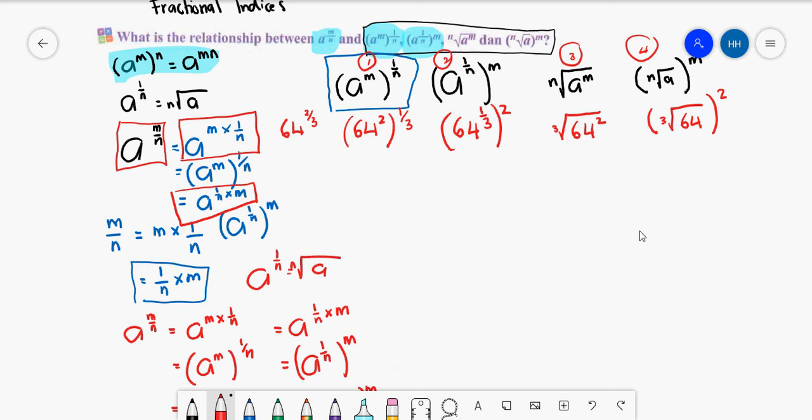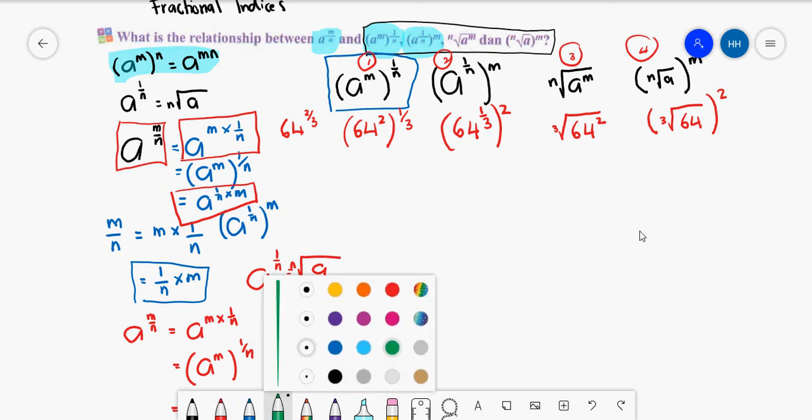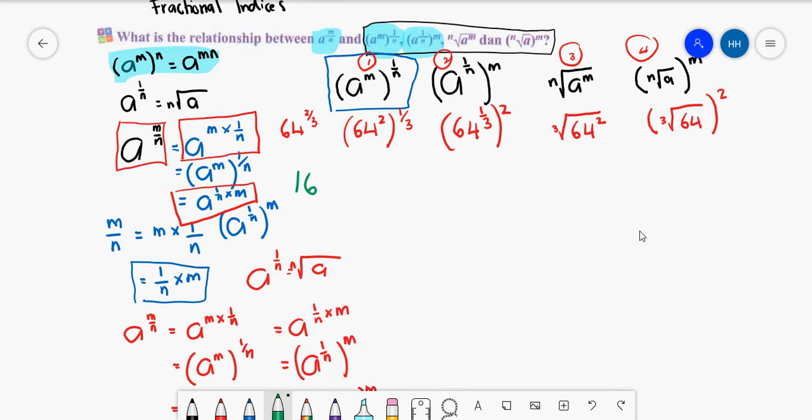If you have another number, let's see, you have 16 to the power of 3 over 4. So we write it as 16, take the first one, 3, and then 1 over 4 outside. The 4 is at the bottom, so it is 1 over 4. Now this is 16 to the power of 1 over 4, and then to the power of 3.